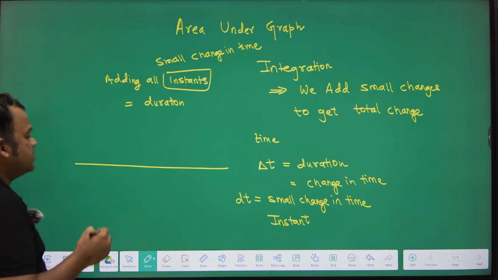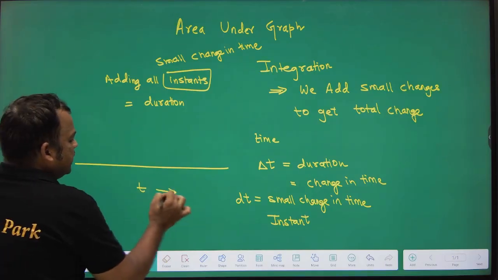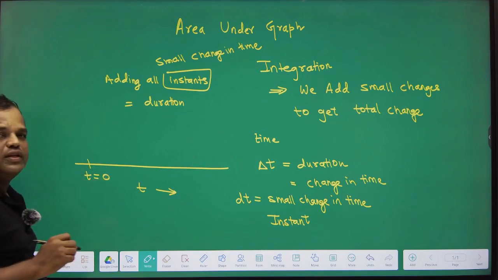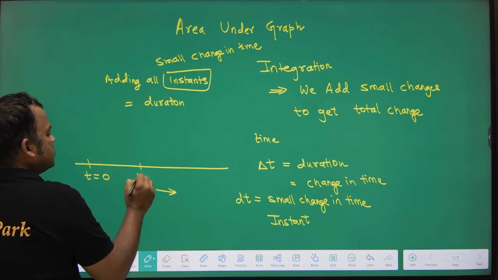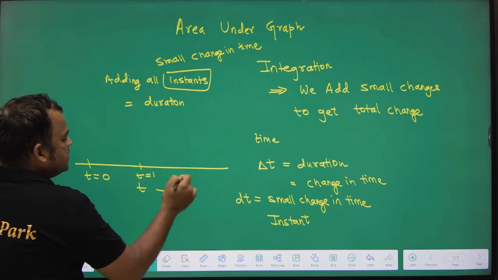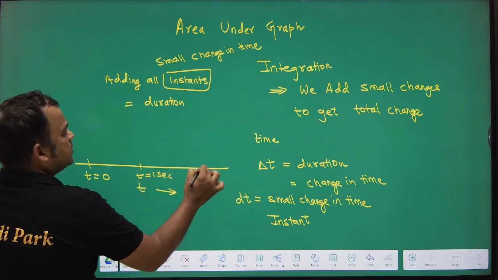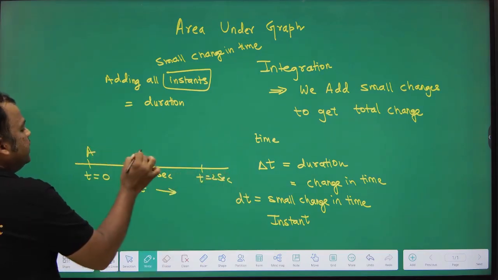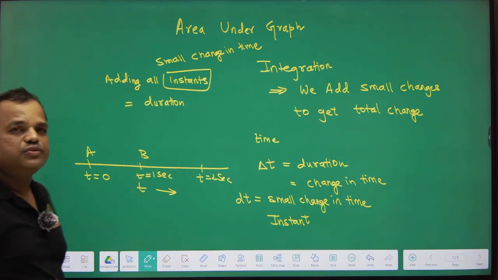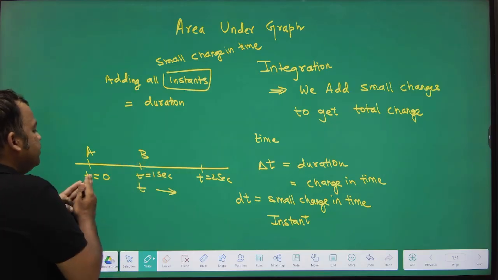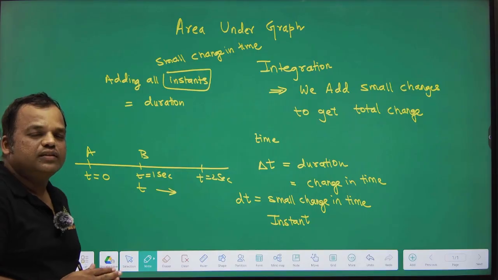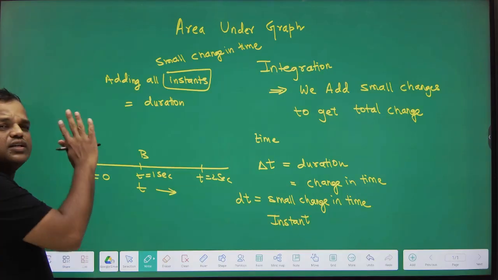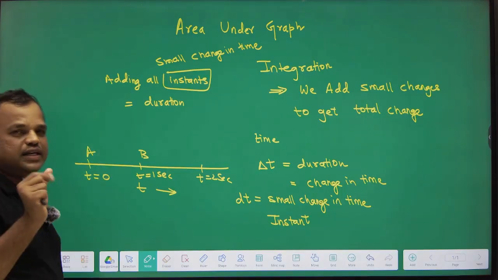Suppose we draw a line representing the time axis, starting from t equal to 0. Let us say this is t equal to 1 second and this is t equal to 2 second. From point A to B, the duration of time is 1 second, but it is made up of a very large number of instants.